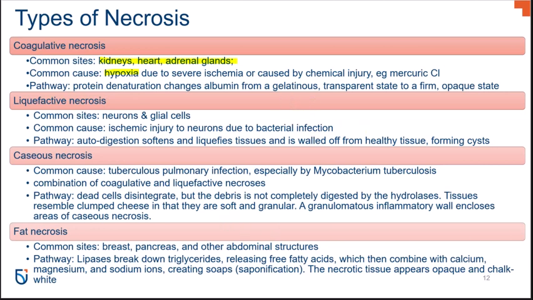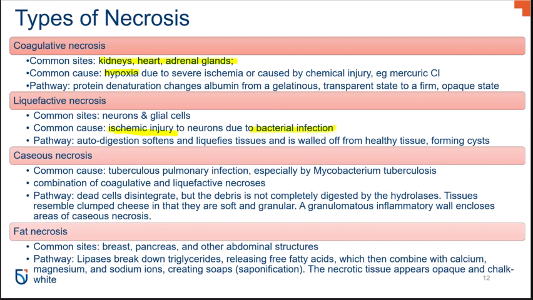Okay, now I'm going to have a look at liquefactive necrosis. This commonly results from ischemic injury to neurons. So these are the main cells of the central nervous system, and glial cells, which are the supporting cells of the nervous system. And the most common cause of injury is a bacterial infection.